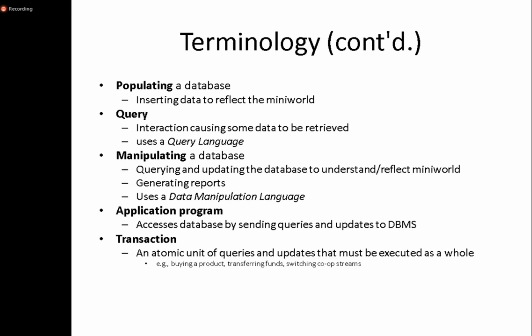Then we call such a thing a transaction. So a transaction normally happens as an atomic unit of queries. Either it happens or it rolls back. Therefore, if a particular transaction fails at any single point, then the whole transaction reverts back to the state where no transaction happened. Okay.